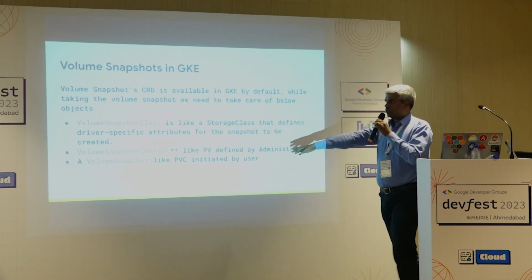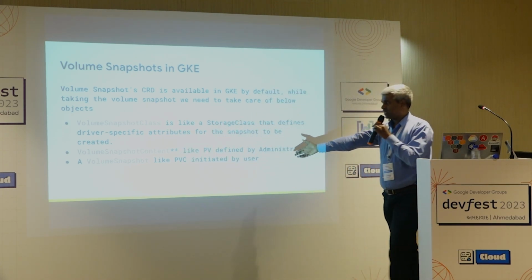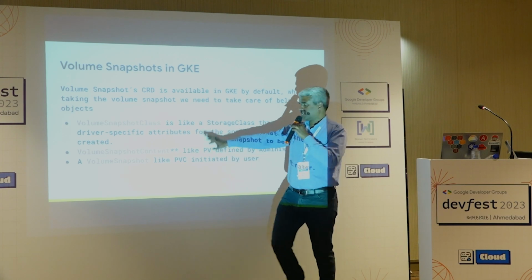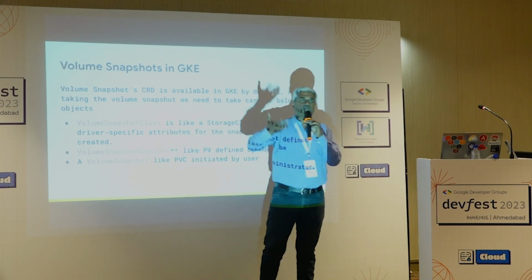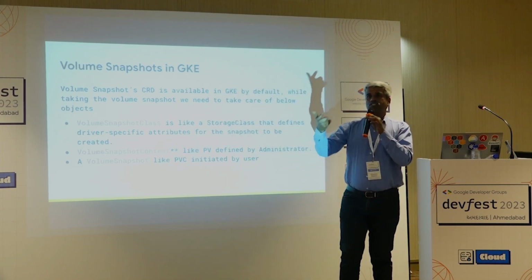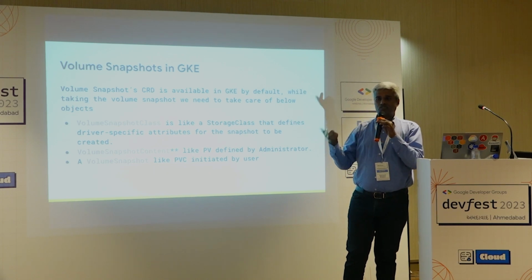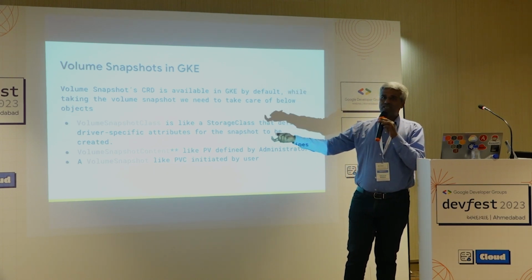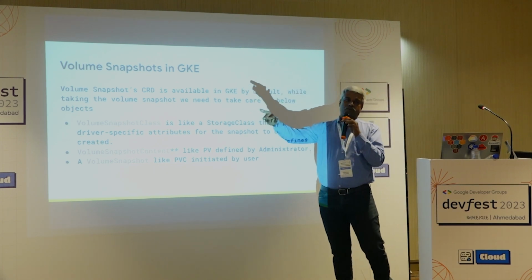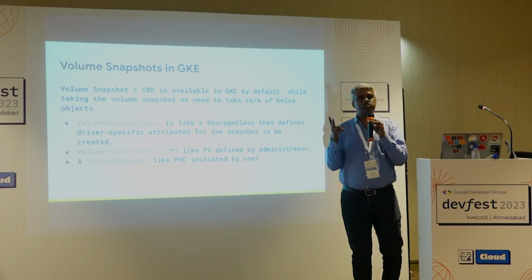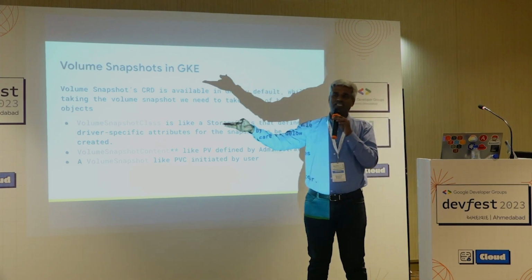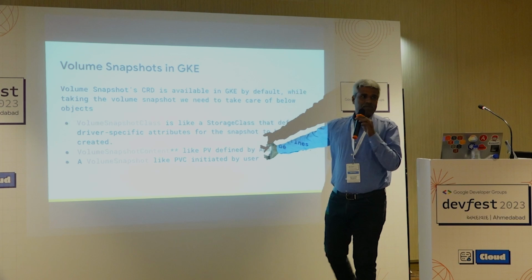Then we have volume snapshots. It's like a PVC. So you say I want to create a volume snapshot. Source will be what? PVC. The source will be a PVC, which creates a new backup for you. So when I take a 2 GB snapshot, it creates another 2 GB disk, right? The same thing will happen.